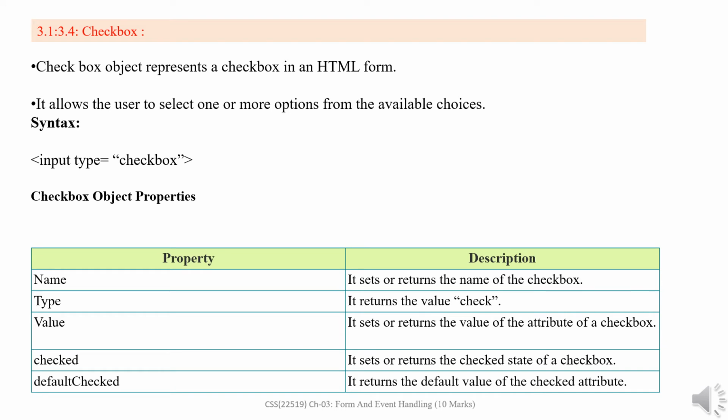Next is the checkbox object. It represents a checkbox in an HTML form. It allows the user to select one or more options from the available choices.